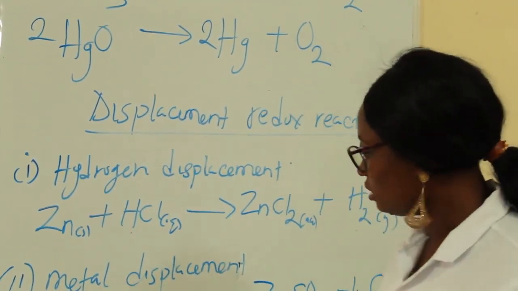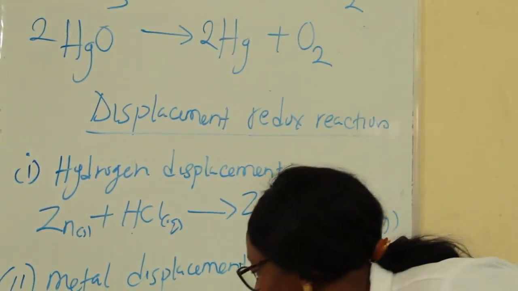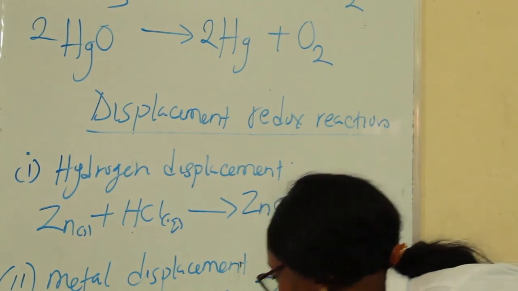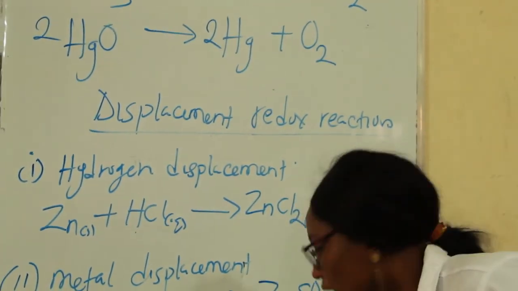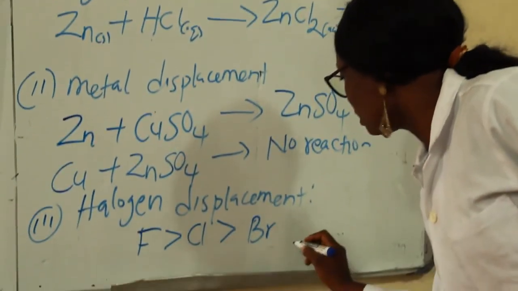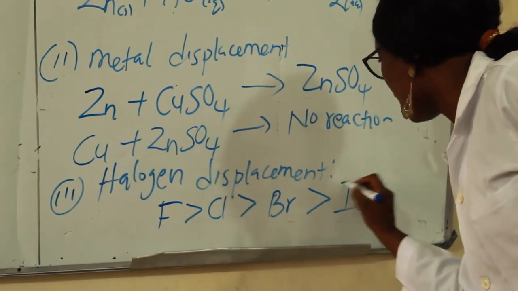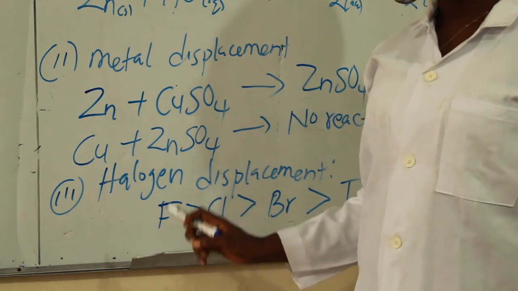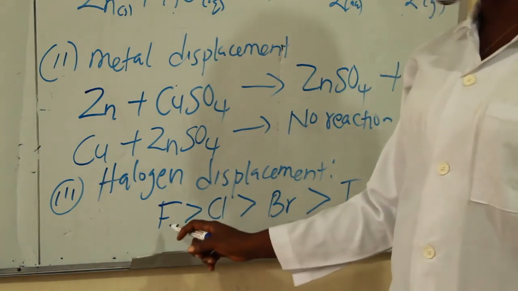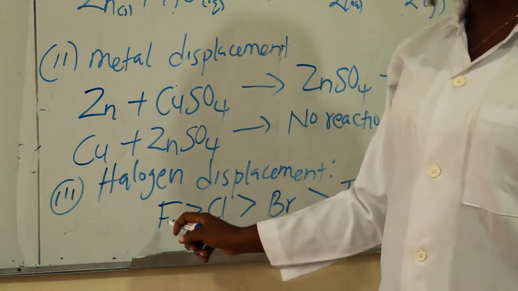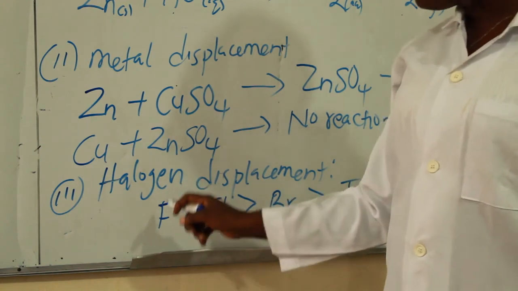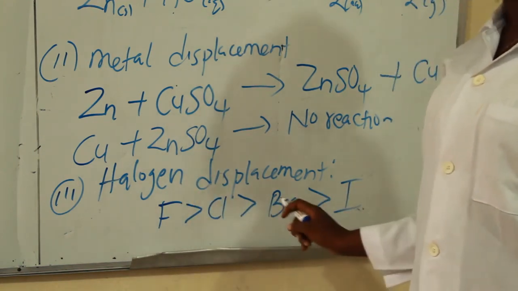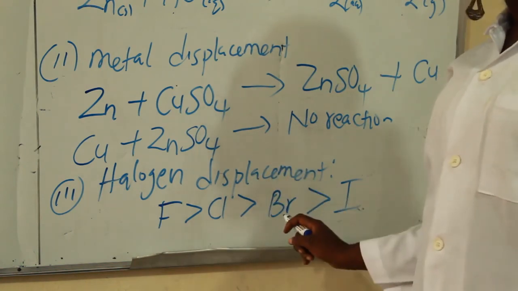So in halogen reactivity, fluorine is more reactive than chlorine, chlorine is more reactive than bromine, and bromine is more reactive than iodine. It means if you have a reaction with chlorine and fluorine, fluorine will displace chlorine. If you have chlorine and bromine, chlorine will displace bromine.